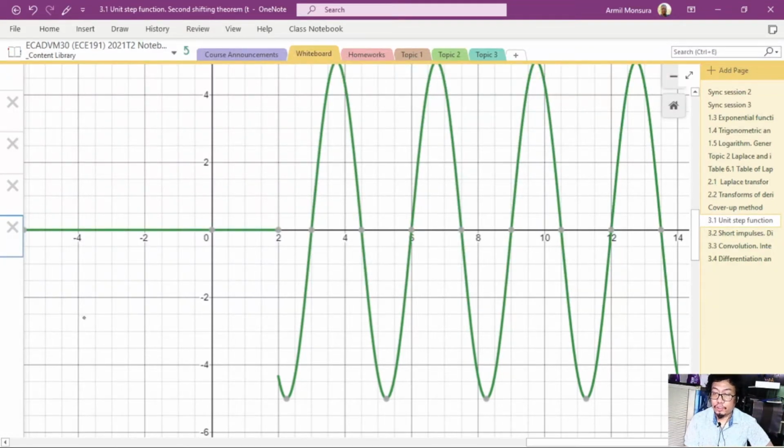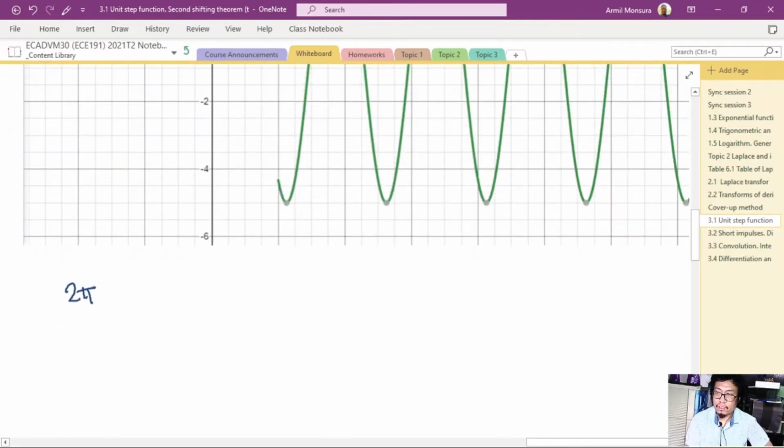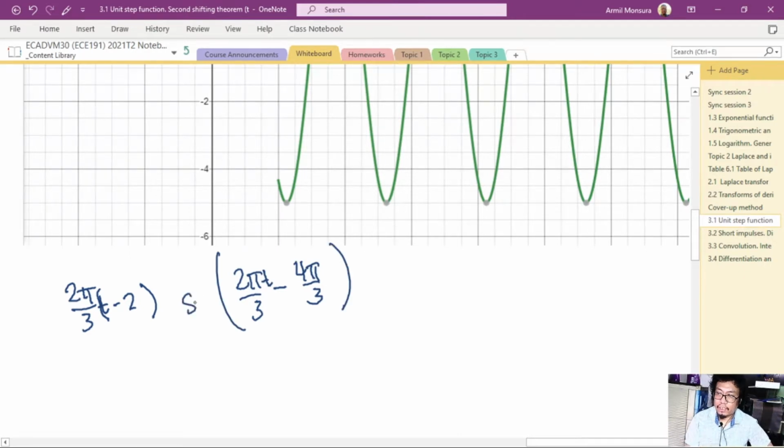To delay the signal, you need to subtract from the time variable directly. So if this is 2 pi over 3 multiplied to t, and I want to delay the signal by, say, 2 seconds, I would make it 2 pi over 3 times t minus 4 pi over 3 as the argument for your sine.